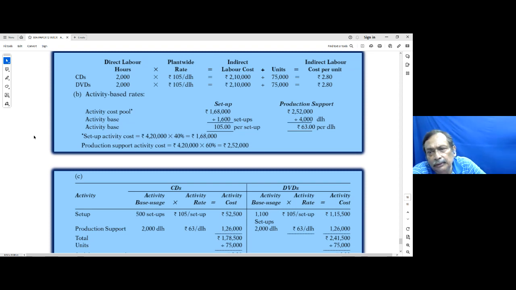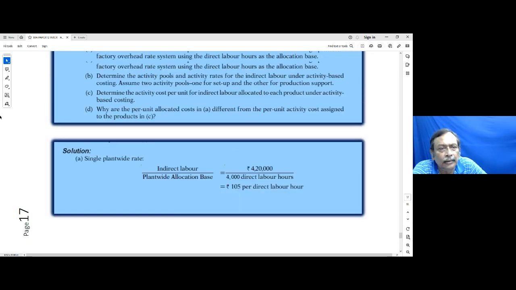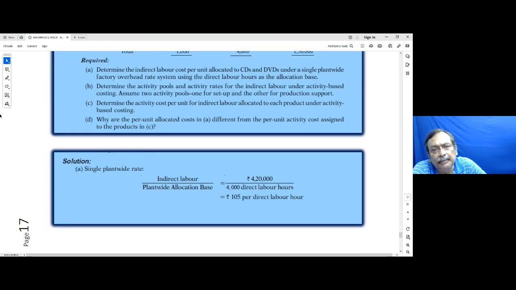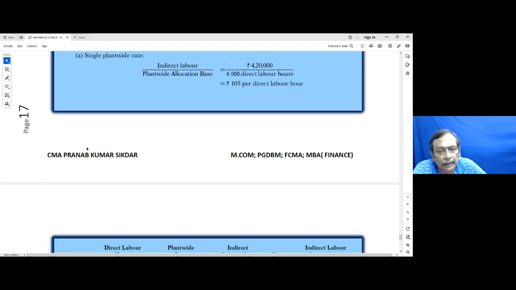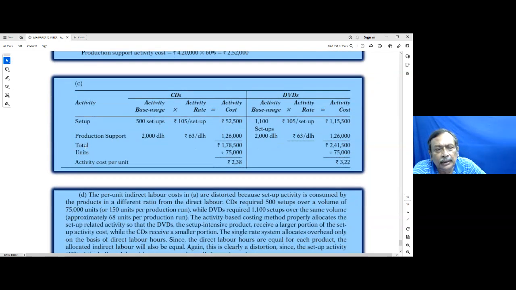Okay, so you see it is quite different from the earlier indirect labor cost. Now in the third part, what is given? Determine the activity cost per unit for indirect labor allocated to each product under activity-based costing. For the third part, it is simple. For CDs and DVDs, we take the activity usage and multiply it by the activity rate, and we get the activity cost.